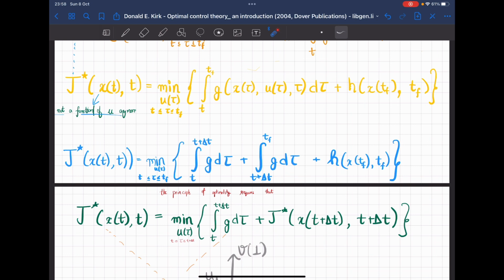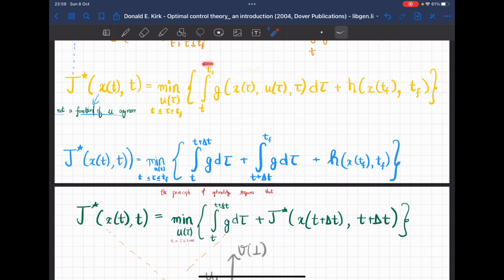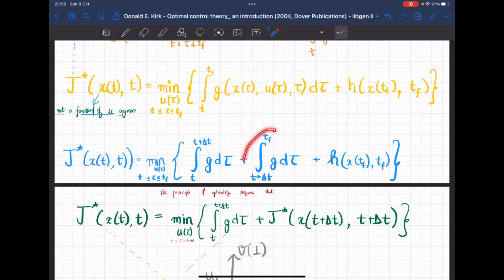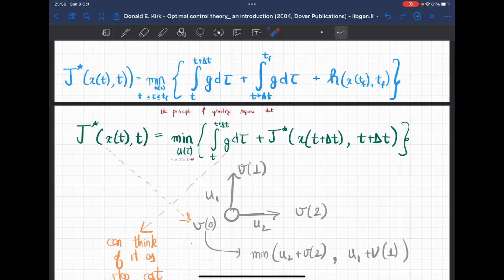Because if you remember, when we had this J star x_t, t, we were writing it because this expression is given like this. So if you just compare this expression to this, then you can understand why I can write this as J star x, t plus delta t, comma t plus delta t. Now, this is the principle of optimality. That's the reason why I am able to write this as this.